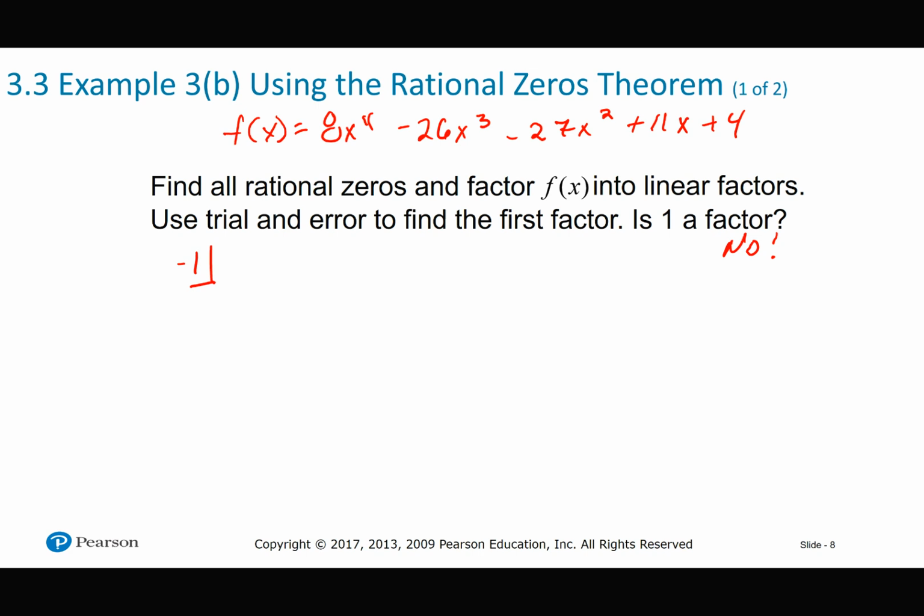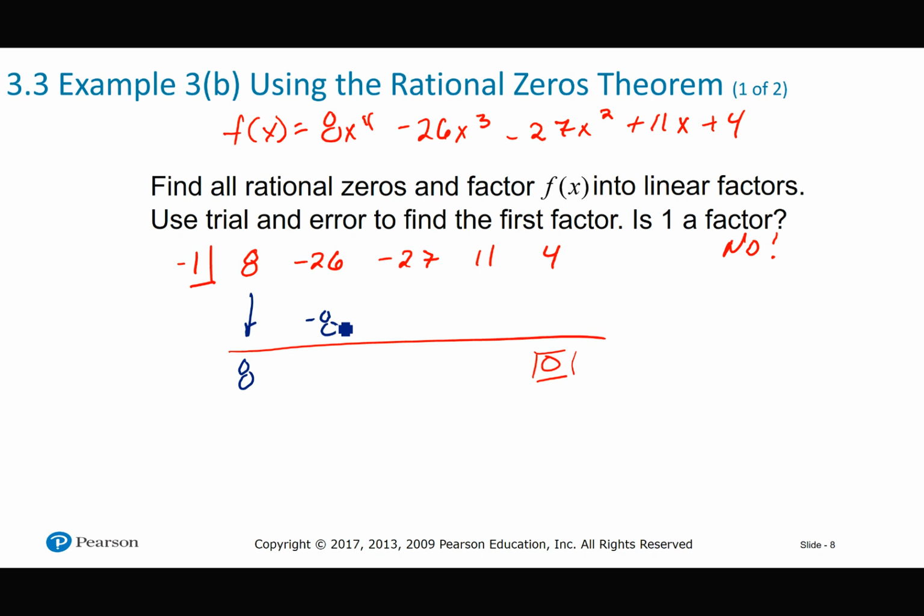So let's use our synthetic division. 8, negative 26, negative 27, 11, and 4. I know this is going to end up with 0 down here. But let's fill in all the other stuff because all those other pieces will help me determine my polynomial. Okay, bring the 8 down, multiply, end up with a negative 8.